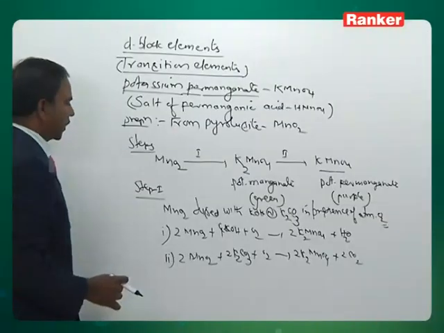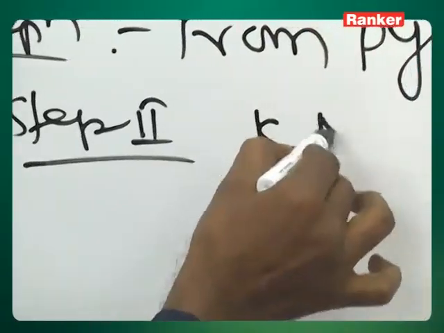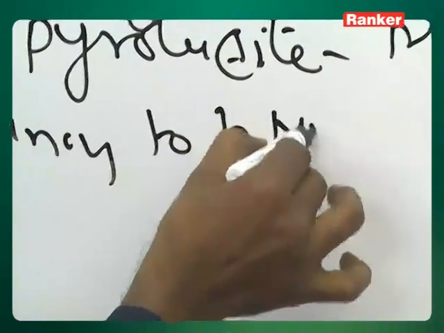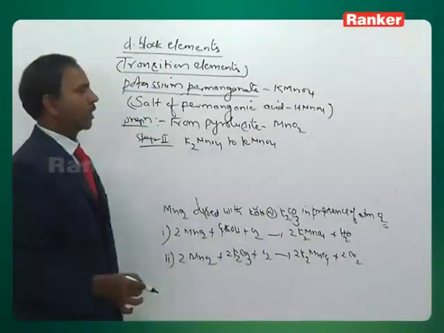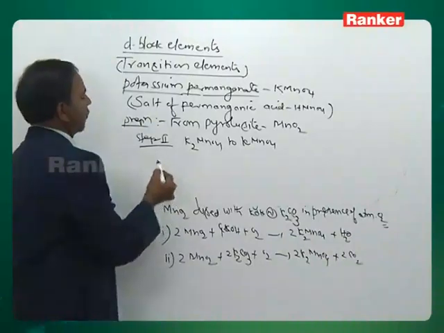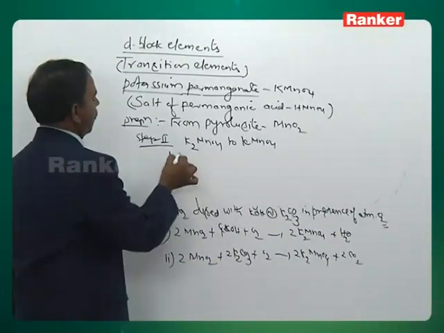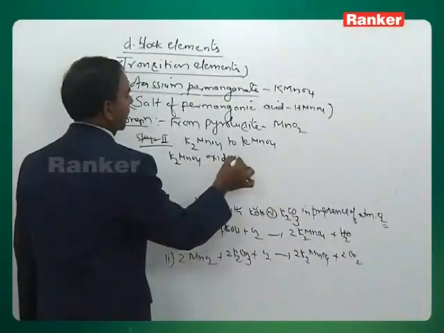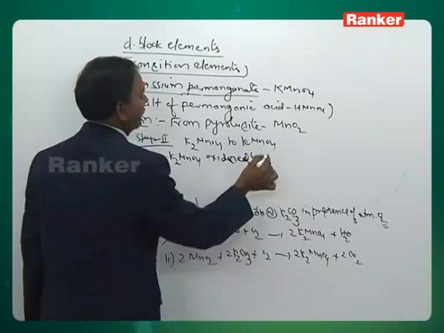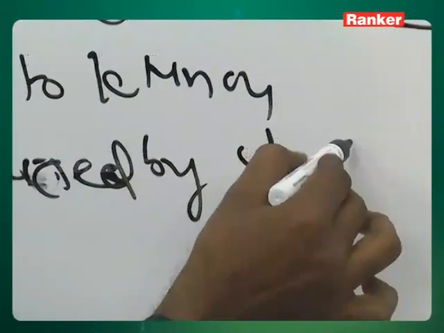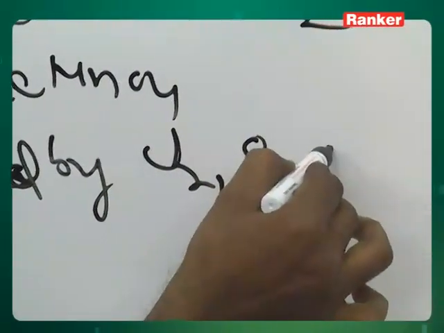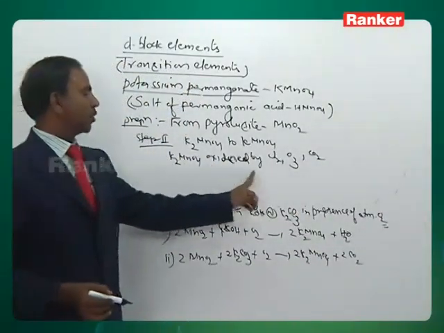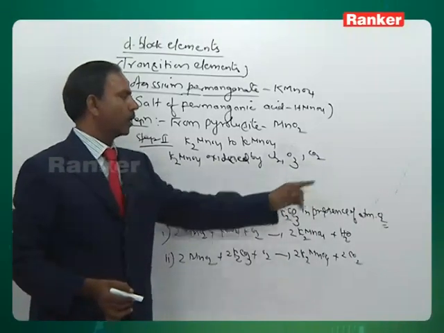Let us see the second step. Potassium manganate K2MnO4 to potassium permanganate. Potassium manganate is oxidized by either chlorine or ozone or carbon dioxide.